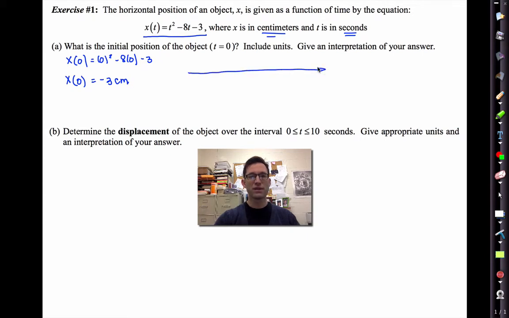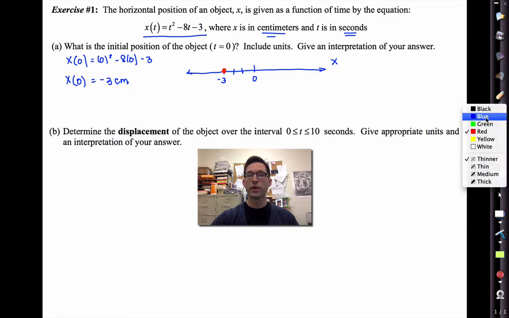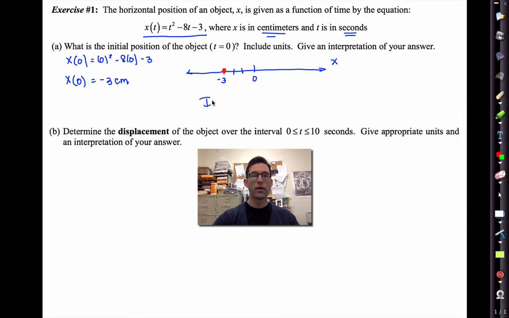The interpretation is, as we keep track of this object moving along the x-axis, that it starts right here, at a position of -3, or it starts 3 units to the left of the origin. And we want to keep that in mind.